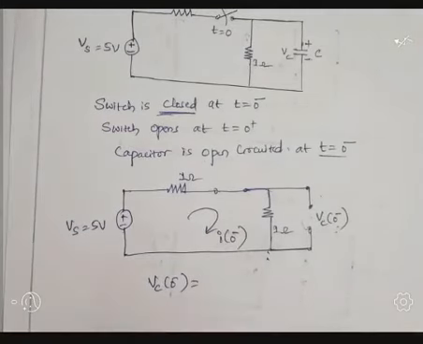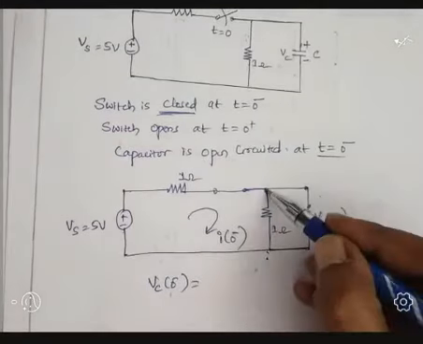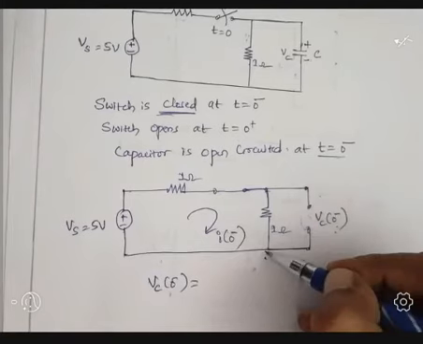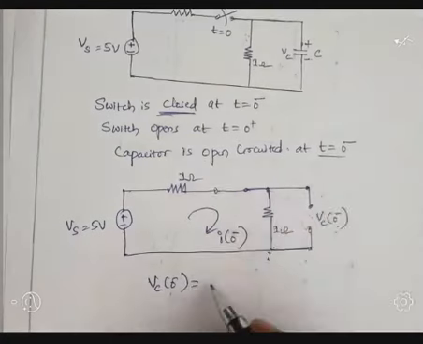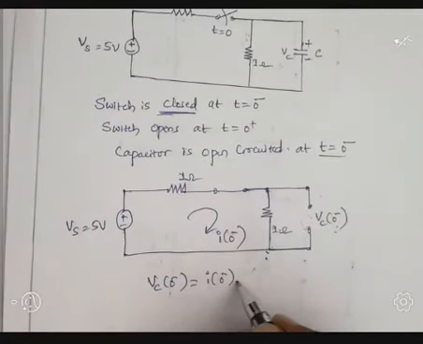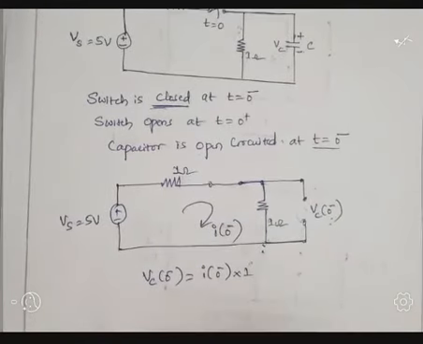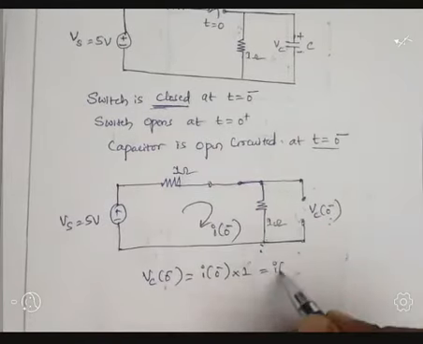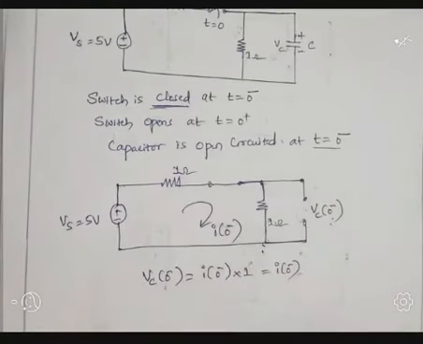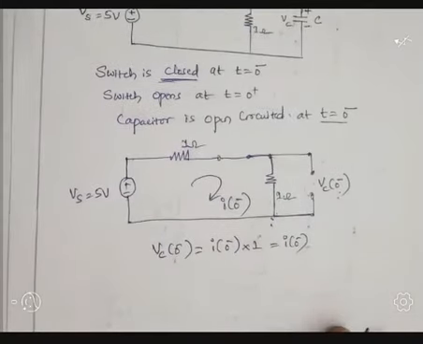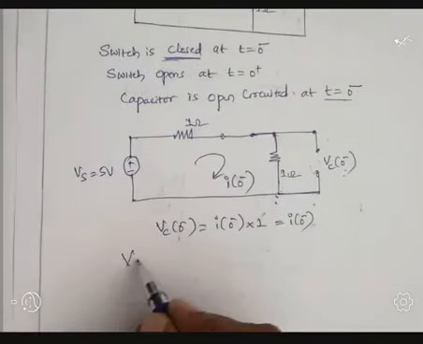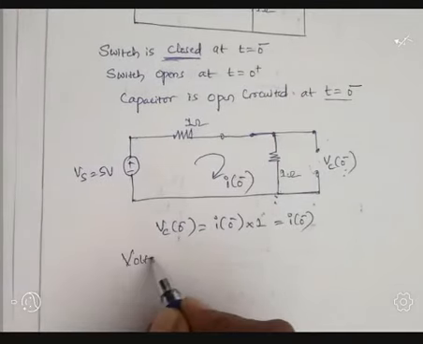Hence the voltage drop across this branch is the current flowing through this branch multiplied by the resistor, that is I of 0 minus multiplied by 1 ohm. So what are we getting? Let us make use of the voltage divider rule.